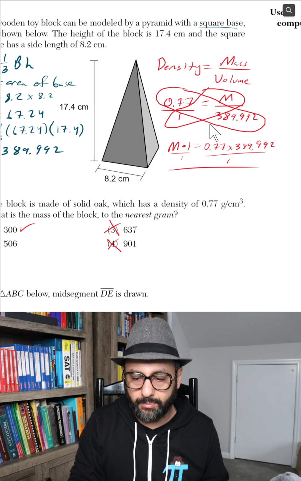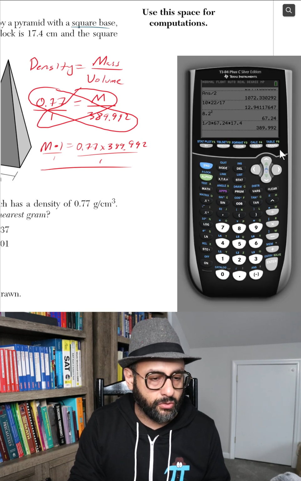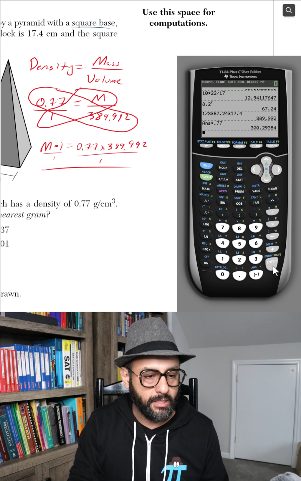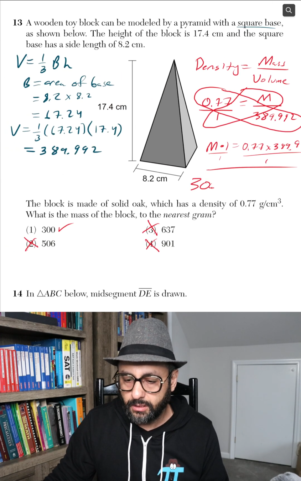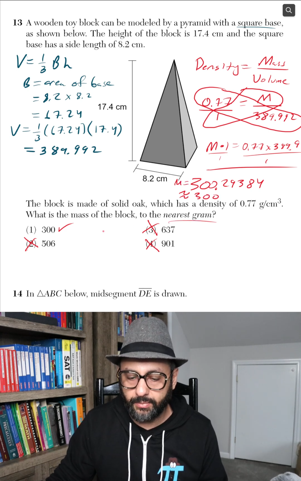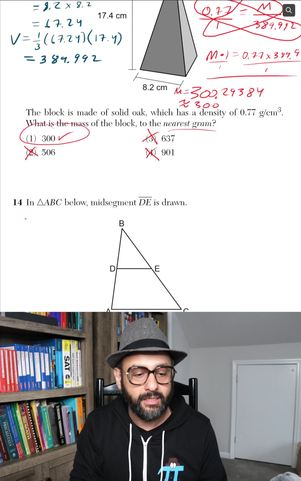Bring the calculator back. So 389.992 times 0.77 divided by 1 doesn't do anything. We get 300.29384, which is around 300 to the nearest gram. Which is exactly the only answer that was remaining.